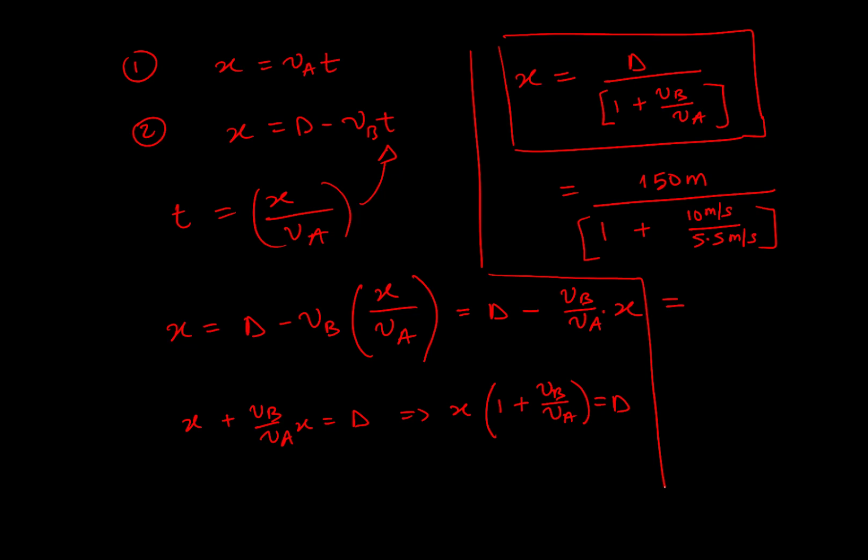So 150 divided by 2.82 will give us 53.2 meters. In other words, they bypass each other 53.2 meters from the origin. This is a beautiful problem.